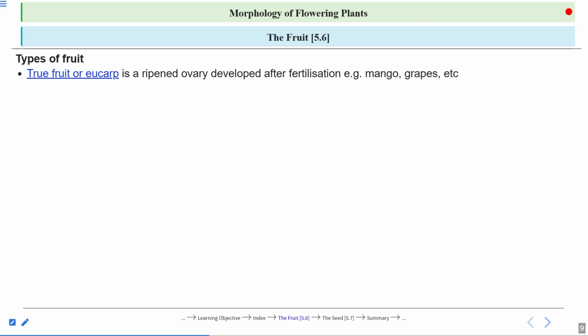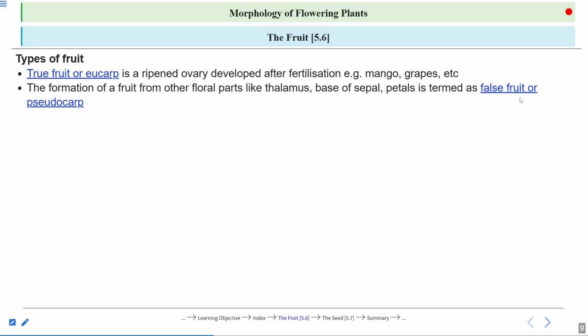And that you see in the case of mango, grapes, and so many fruits, right? The formation of fruit from other floral parts like the thalamus, base of sepals, petals is termed false fruit or pseudocarp. Very, very important. Here comes the term false fruit.